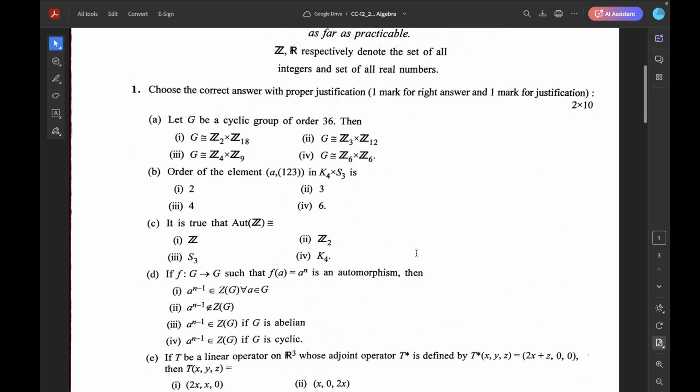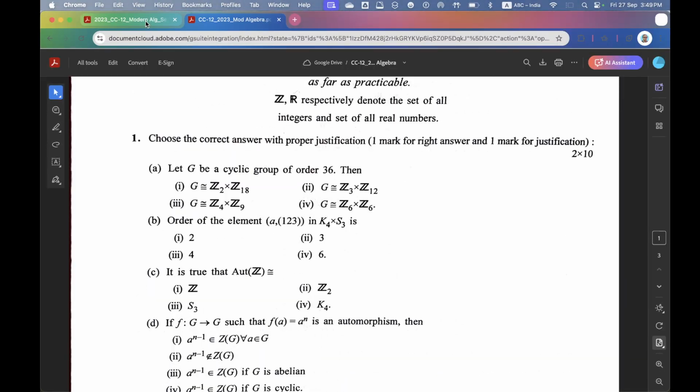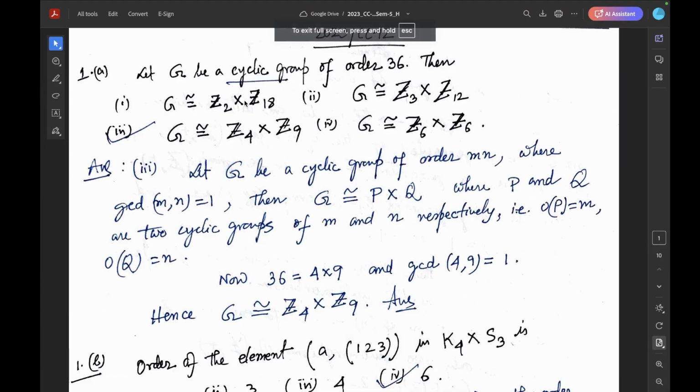Question 1a. Let G be a cyclic group of order 36. Then what is the correct option? Let G be a cyclic group of order mn, where GCD of m and n equal to 1.